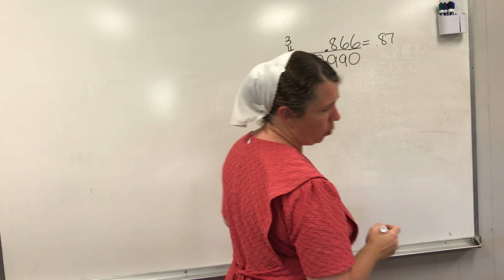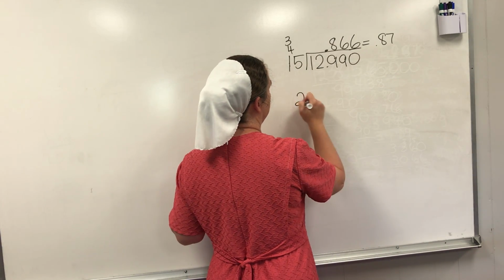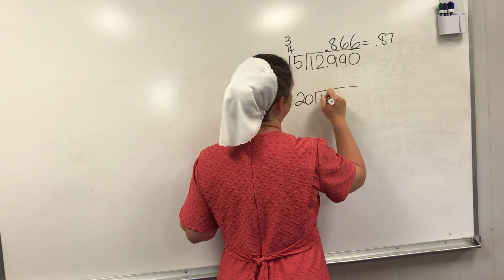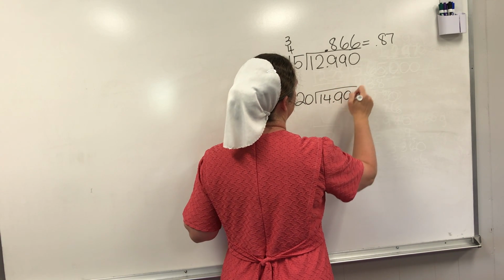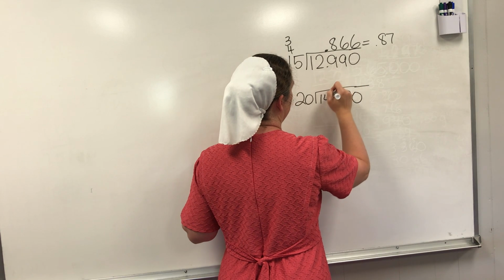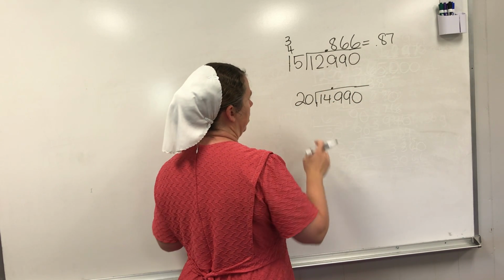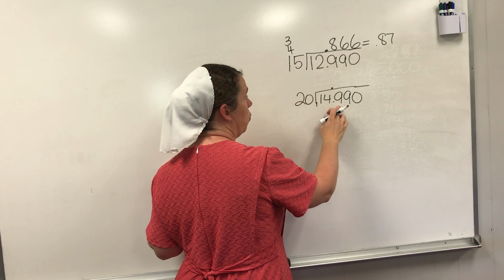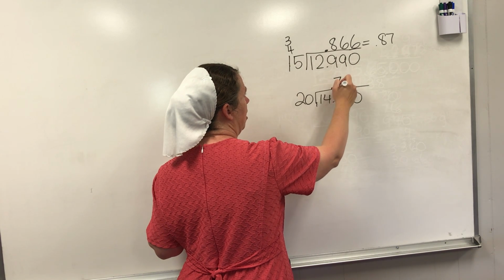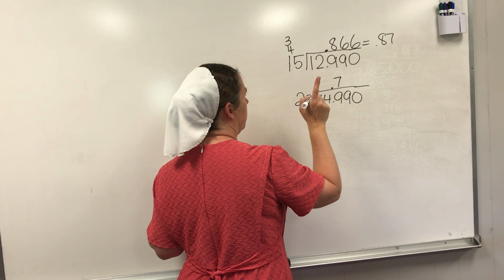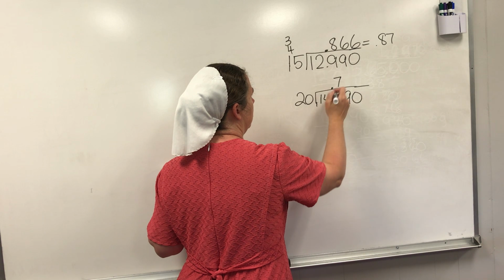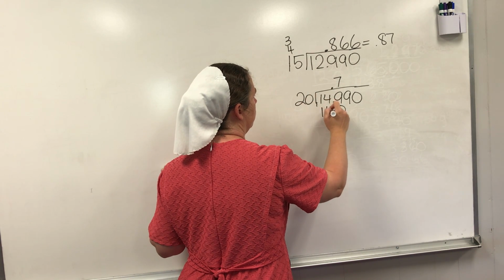We're going to take 20 into $14.99. I'm going to go ahead and add my 0 again. We can't go 20 into 14, but we can go into 149. I like these zeros because you can multiply pretty fast. 7 times 2 is 14.